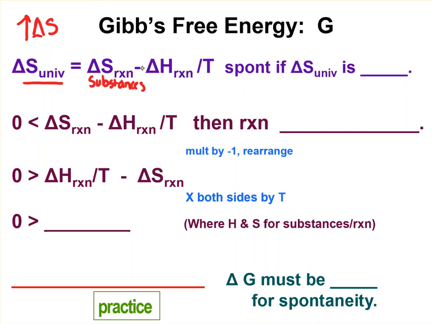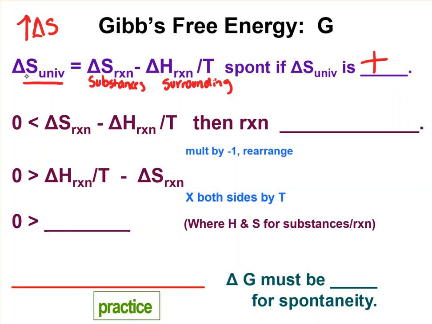But remember, we took a negative sign there because this really has to do with the heating or cooling of surroundings. So this equation puts those two together as far as deciding what's happening to the universe overall. Over here, it's spontaneous if the change in entropy for the universe is a positive number.